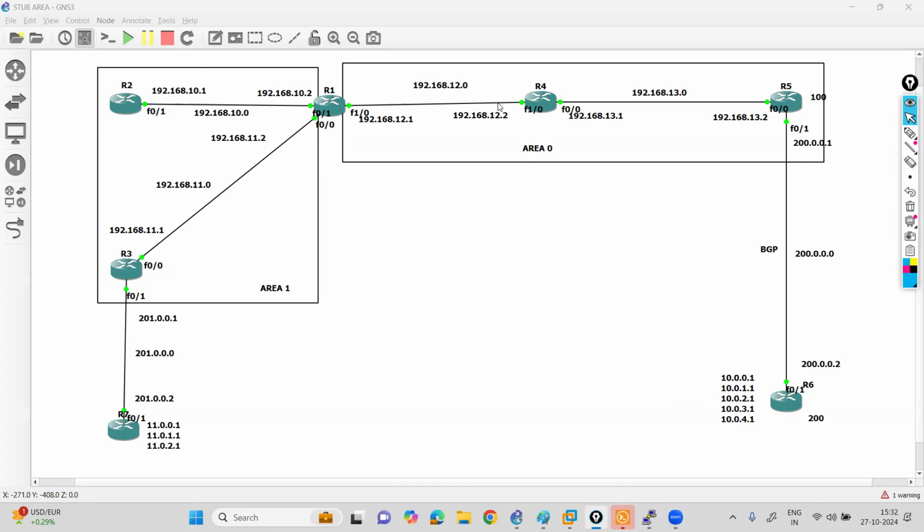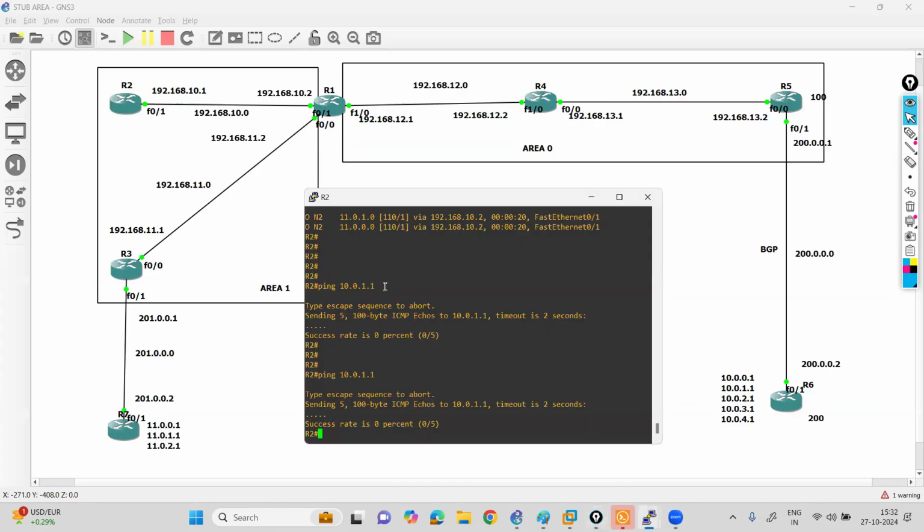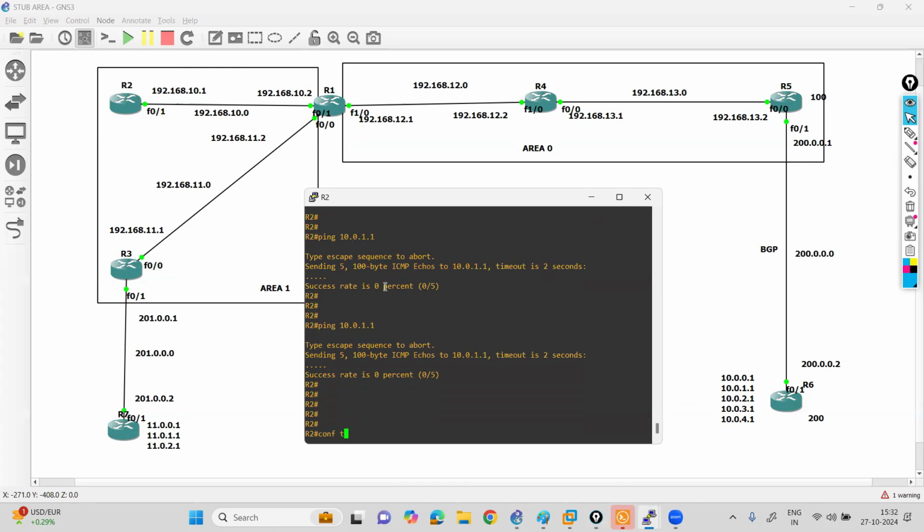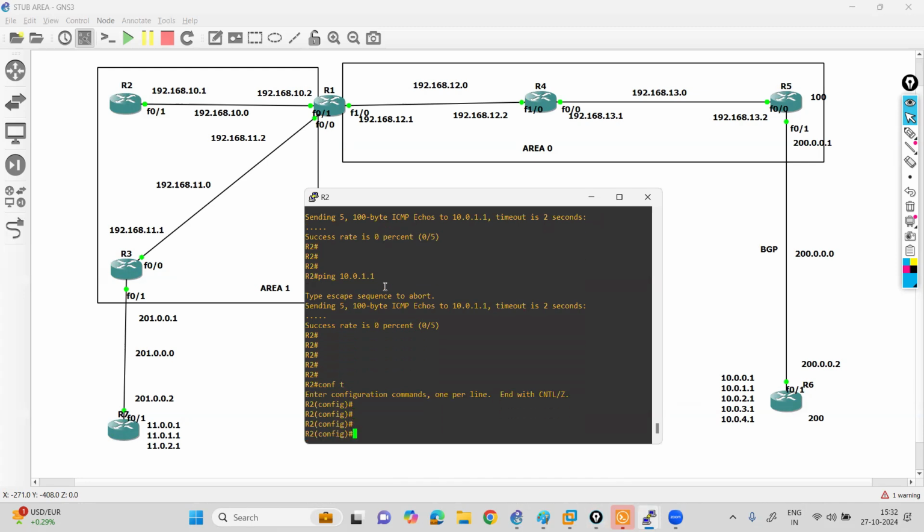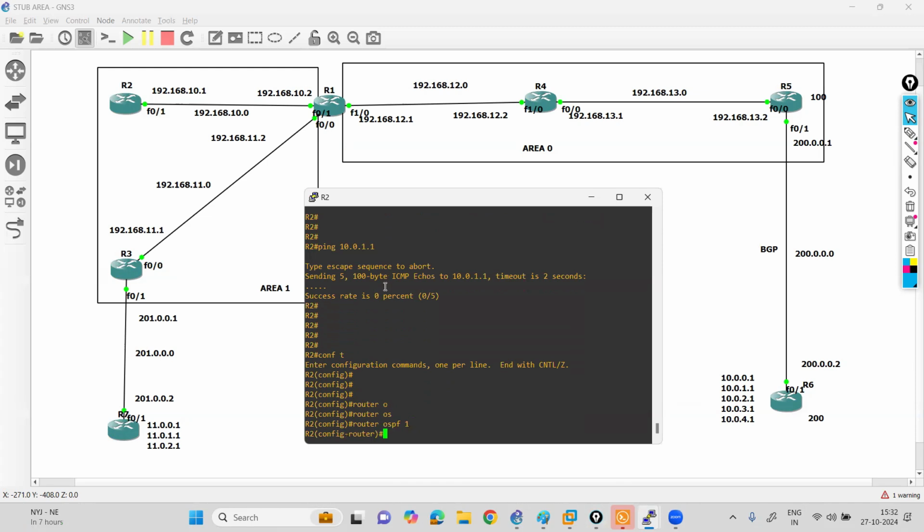Okay, let's do the configuration now and we'll see what will happen. Configure terminal, router OSPF 1. The ABR will not be able to forward any of these LSAs from the outside, but the LSA from router 7 will be forwarded.